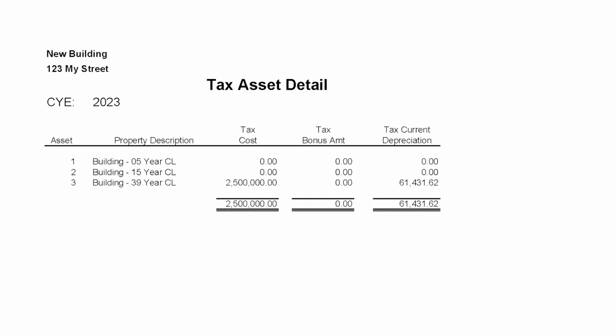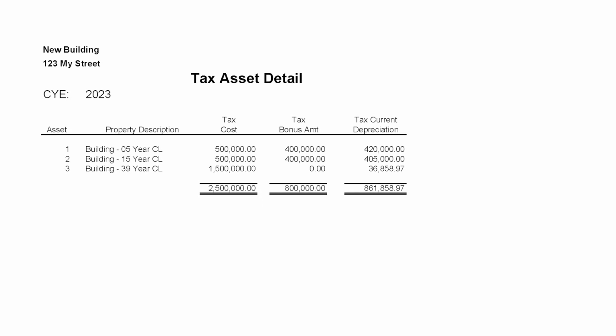In our example, that means our current year depreciation is going to be $61,431. Now, let's say you had a cost segregation study completed. Once that is completed, you have the information that you need in order to be able to put some of your spend into a 5-year class life or a 15-year class life and accelerate the depreciation on those items.